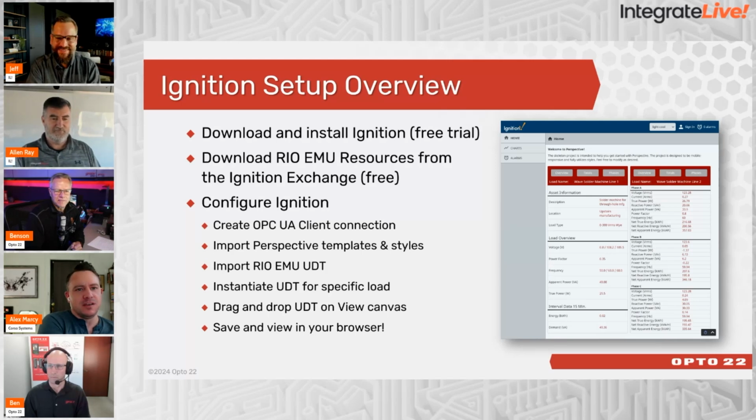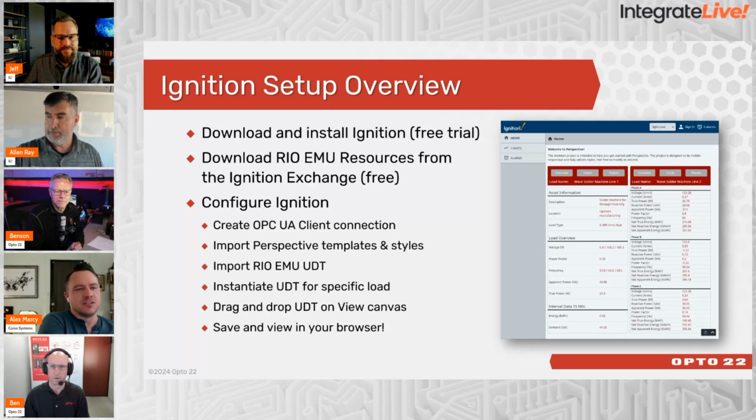And then the next portion of the presentation, we will configure Ignition to communicate with the EMU and pull in these resources. So we'll step through creating an OPC client connection, importing the resources for Perspective views, and importing the UDT so we can get all the tags mapped properly.